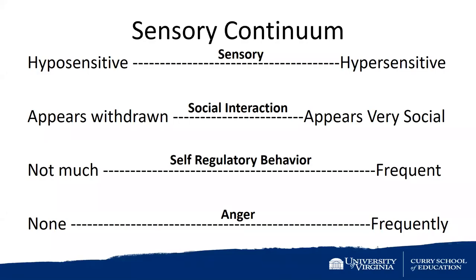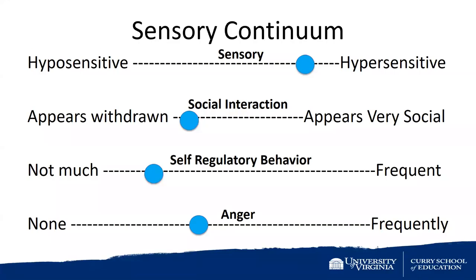It can affect how much we can regulate and control our own behavior, or the extent to which we behave impulsively. And it can also affect how irritable or angry we might be from one situation to the next.